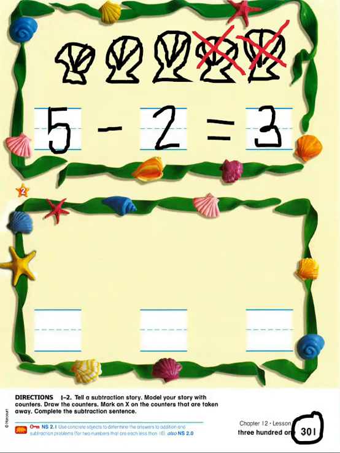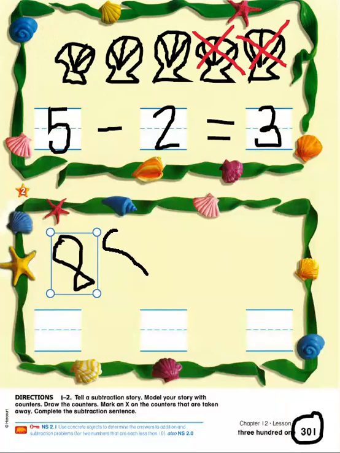Thanks for helping me. Let's work on another one together, and then you'll have a chance to make up 2 of your own. This next story is going to be about fish. So we're going to draw some fish. I want you to draw 6 fish, like this. To make this fish, I'm drawing an oval shape and then connecting it.